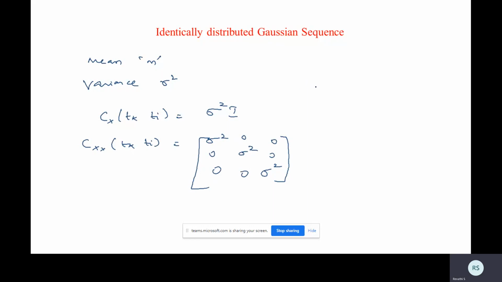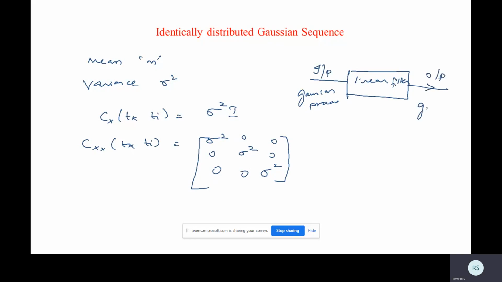And one important property of the Gaussian process is that when you have a linear time invariant system, a linear filter, and your input to the linear filter is a Gaussian process, on this side you are having an input, on this side you are taking the output, you will find the output is also a Gaussian process. This is one property of the Gaussian random processes.